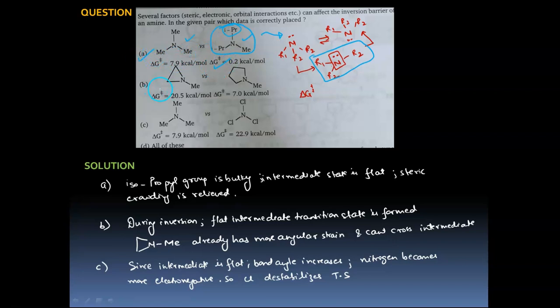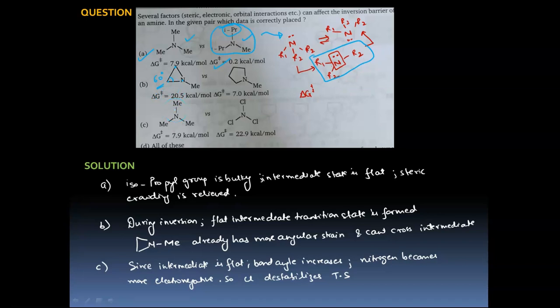Now what about the second one? We know that this three-membered ring is highly strained because of the constraint in the bond angle of 60 degrees. The intermediate is a flat state where the bond angle requirement is 120.